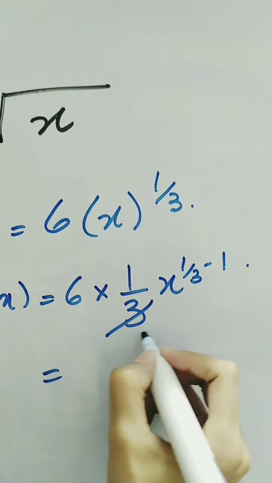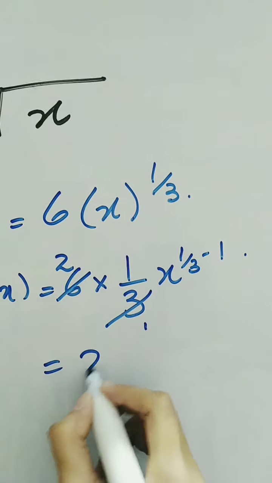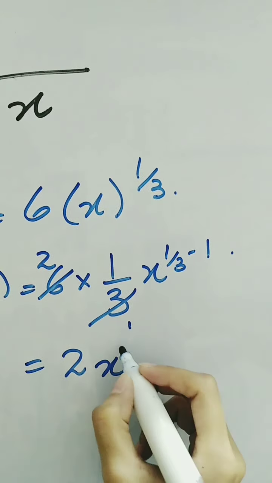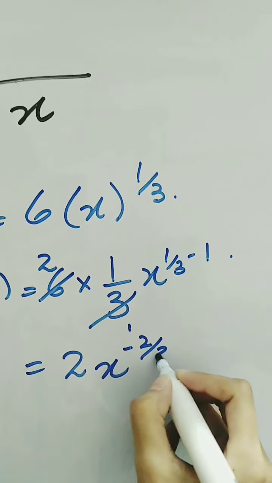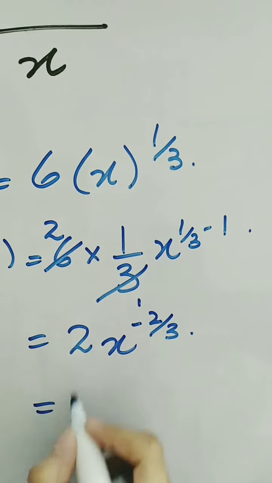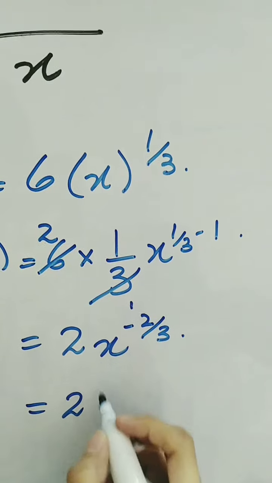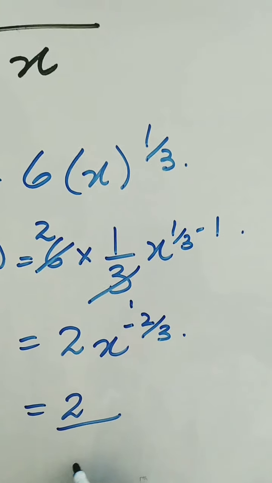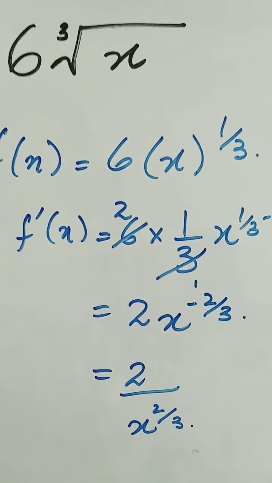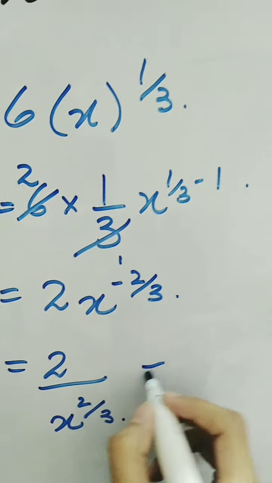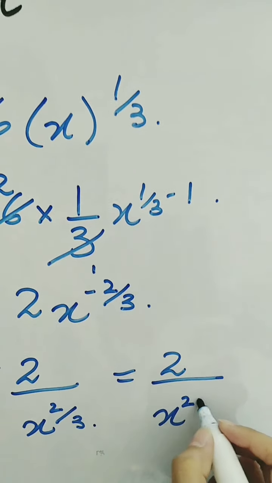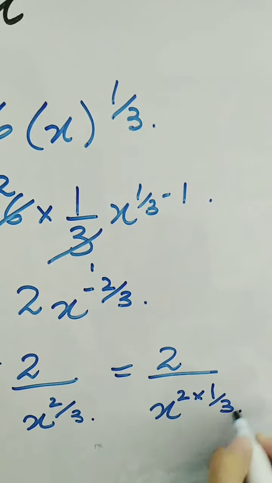Here this cancels out with this, and we have 2 here, which is going to multiply with this x. And here we have, after solving, minus 2 over 3, as we have just taken LCM over here in the power, and we can write it as 2 over x to the power 2 over 3. We can write it as 2 over x square into 1 over 3.